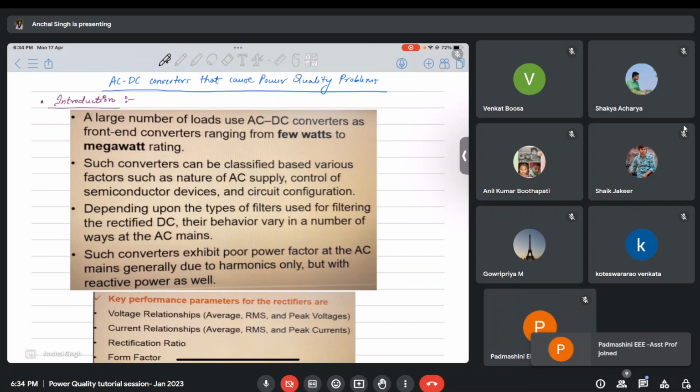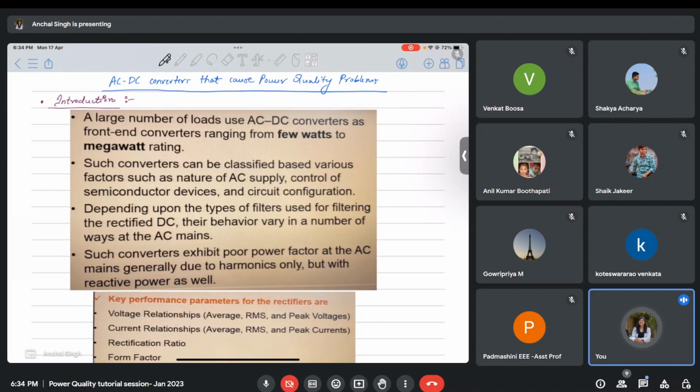We have looked at the reason why these AC to DC converters have become popular: they were helping us to improve the efficiency of the system. The reason why we moved from incandescent lamps to LED bulbs is because LED bulbs were able to give us a highly efficient system.